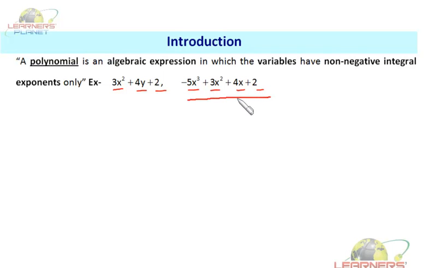Now one more term over here is a coefficient. Now what is a coefficient? Here we see 3x square. Here 3 is a constant and x is a variable.